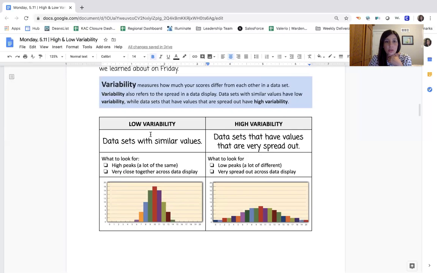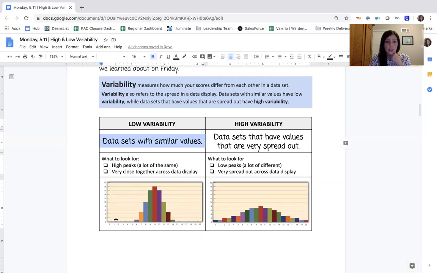Variability also refers to the spread in a data display. Data sets with similar values have low variability, while data sets that have values that are spread out have high variability. Okay, so low variability is a data set that has a lot of similar values collected together.